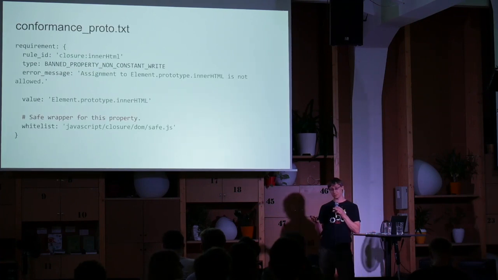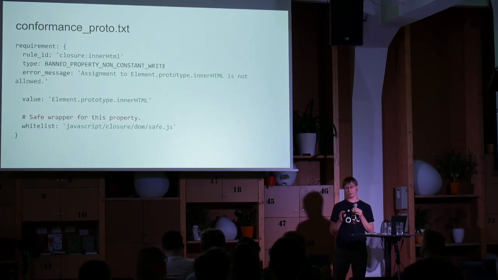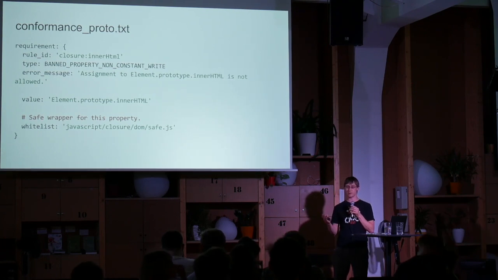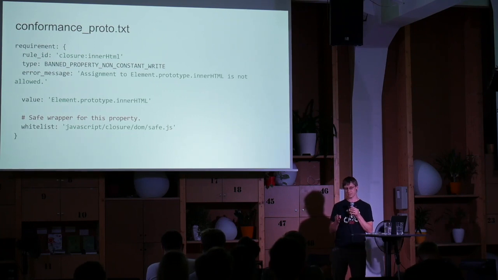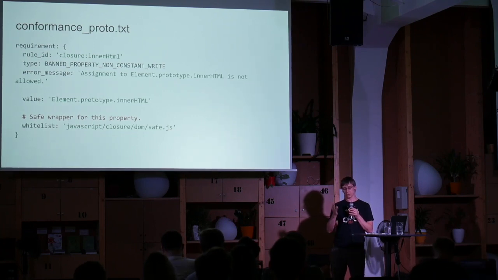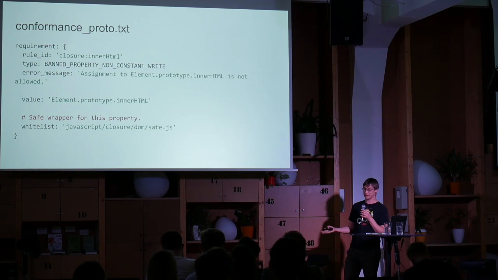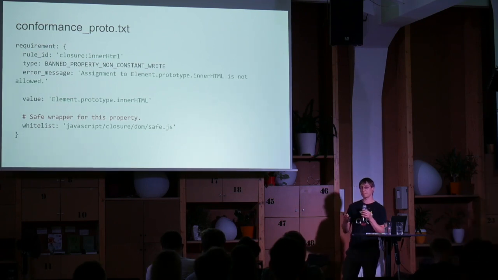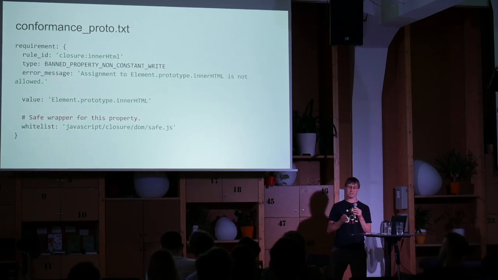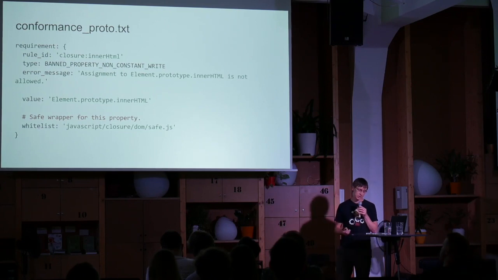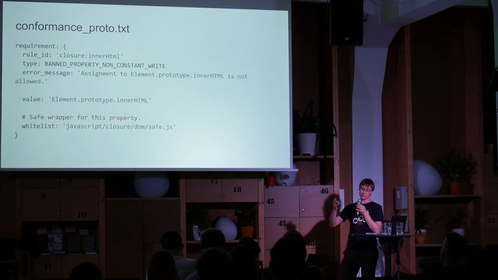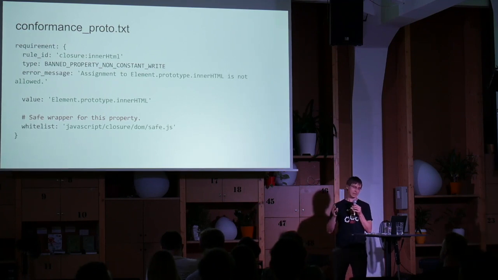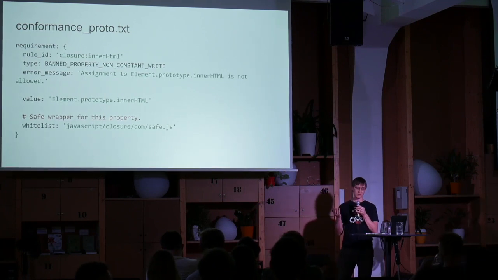This is an example of the JavaScript conformance. So for the JavaScript compiler, we have rules. We have some hooks. We call this conformance proto, and by the conformance rules, you can define patterns that are disallowed. So this is an example banning inner HTML assignment. If anybody tries to assign something to element prototype inner HTML, it will tell them that it's not possible, right?